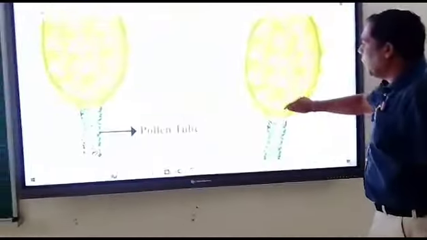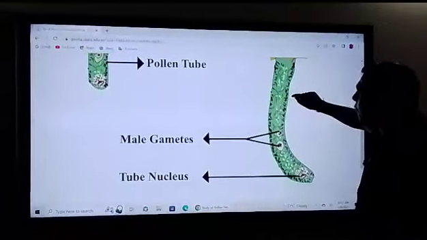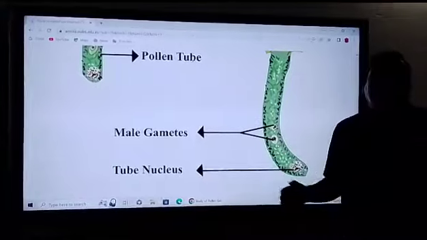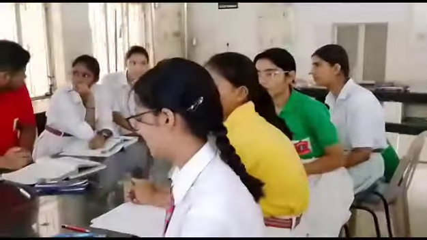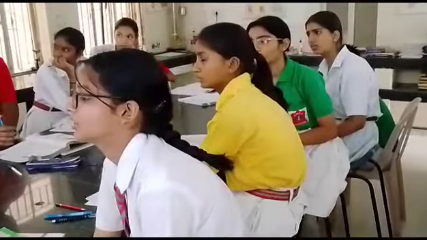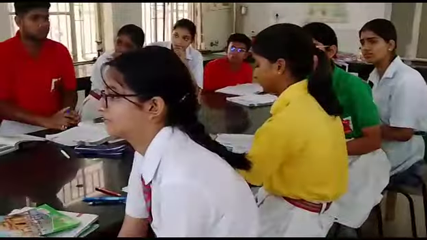So children, the pollen tube will move. Where will the pollen tube move? Yes, Sakshi, in the flower, where will it move? Very good, towards the ovary. Actually, the ovary is a bigger part.